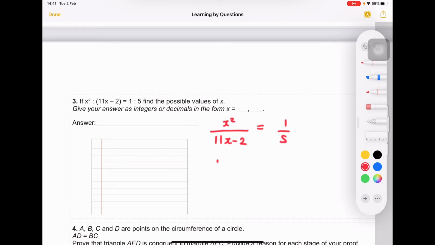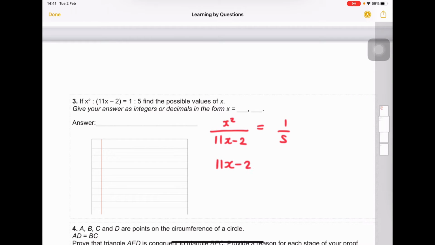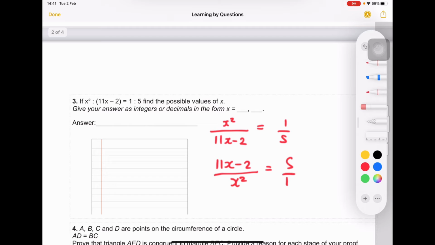And you could also say 11x take away 2 over x squared equals 5 over 1. It doesn't really matter which one you opt for, so I'll just rub out this one. Now we are going to cross multiply. So we get 5x squared equals 11x multiplied by 2.